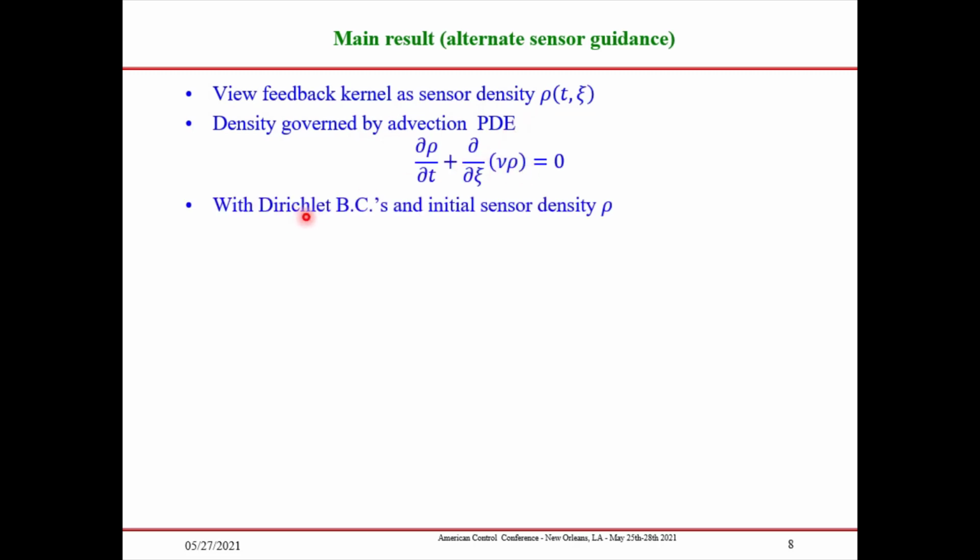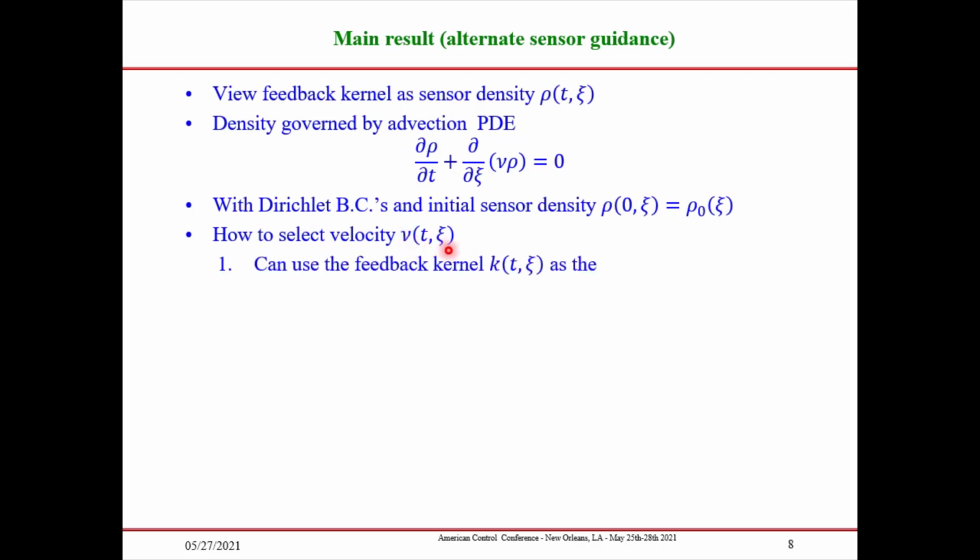As an alternate sensor guidance, you're going to view the kernel as a sensor density. This is governed by the advection PDE, given by this expression here, and is equipped with the appropriate boundary conditions and the initial sensor density given by rho sub 0. The question is how to come up with this velocity, which is the velocity for this density. We can use the feedback kernel as the sensor density, modulo a constant, of course.